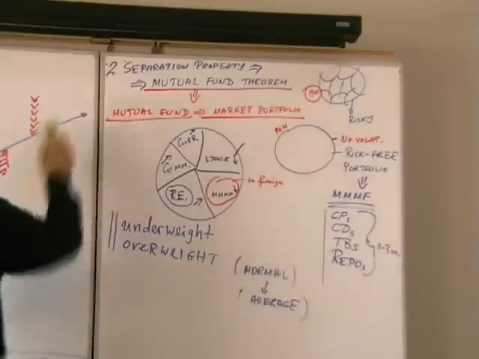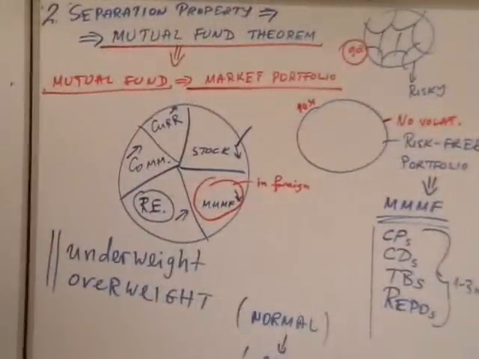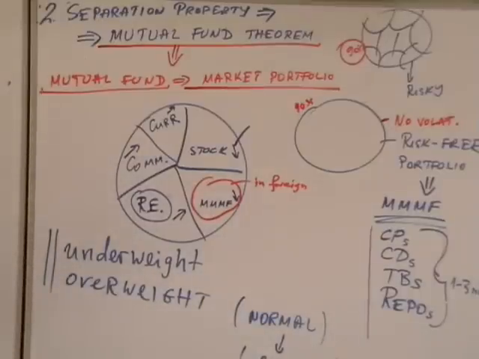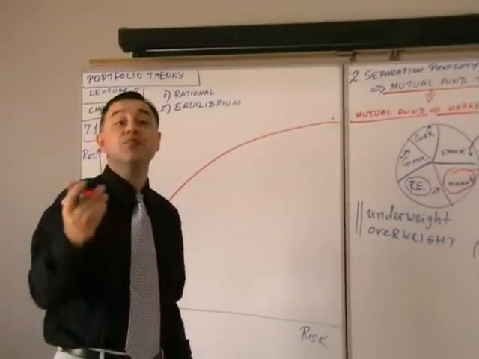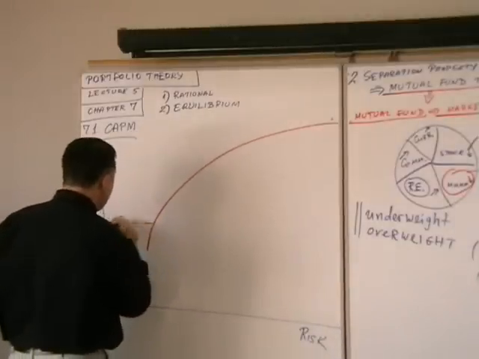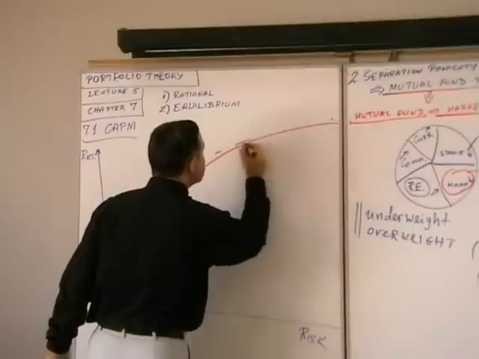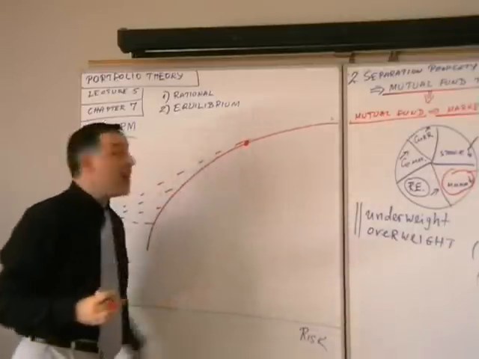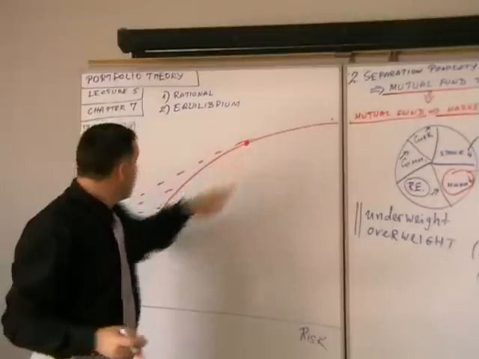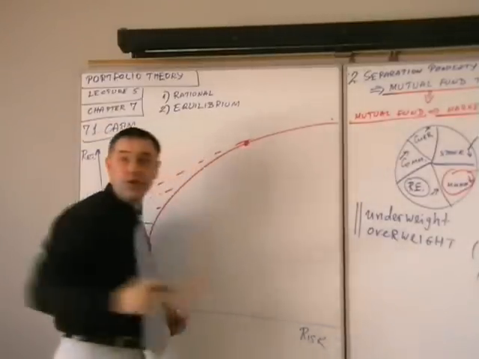Now let's draw this here. If you have the efficient frontier, whatever the efficient frontier is, the next result is that everyone, remember, will be trying to maximize. So the next result is actually that everyone will be holding the best possible portfolio here, right?